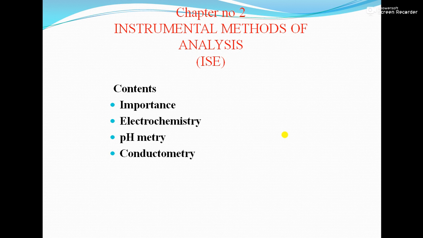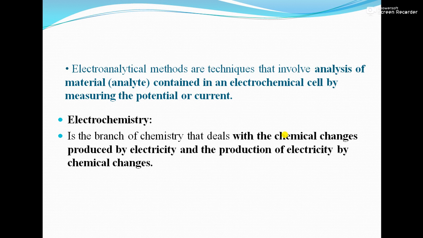So what is electrochemistry? It is the branch of chemistry which deals with the interconversion of electrical energy to chemical energy and vice versa. It deals with the chemical changes produced by electricity and the production of electricity by chemical changes.